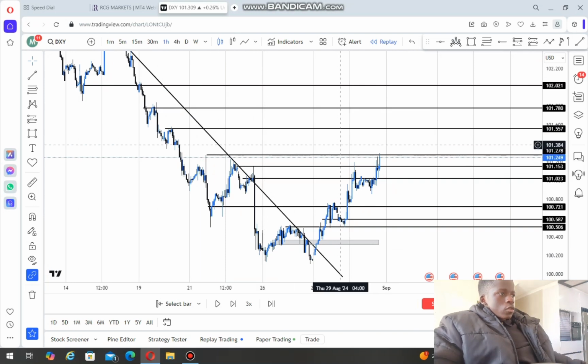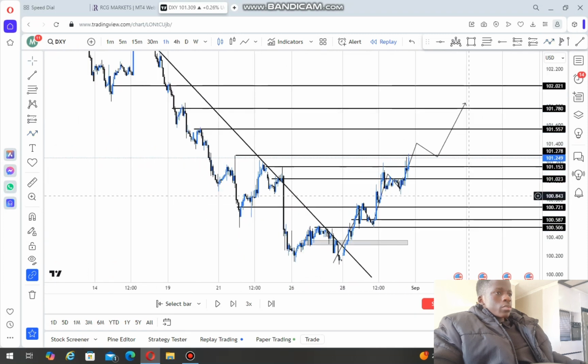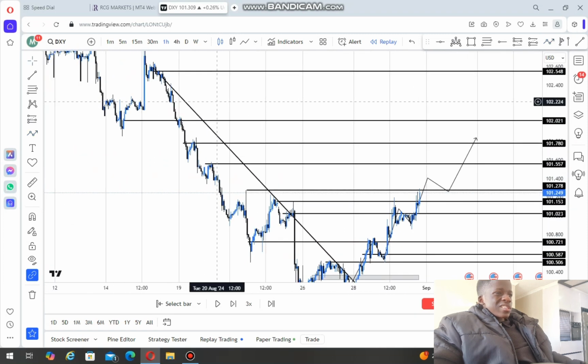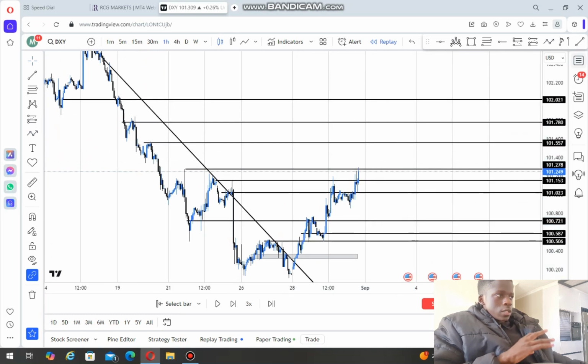If you look at this chart, you can see that we clearly broke out of this trend line over here, and now we've been going to the upside. So I have been expecting price to continue going to the upside until we eventually probably end at around this level. Basically I was looking for buys on anything that starts with USD.